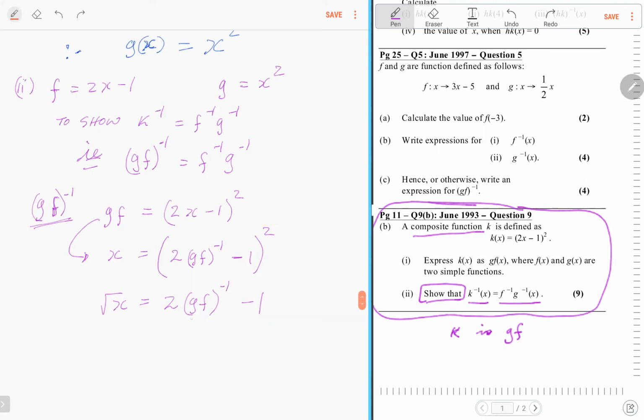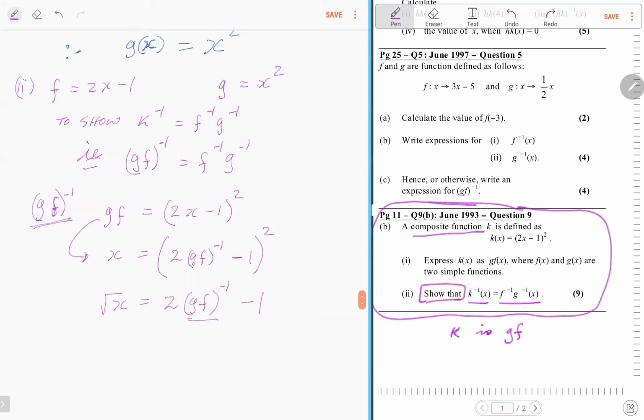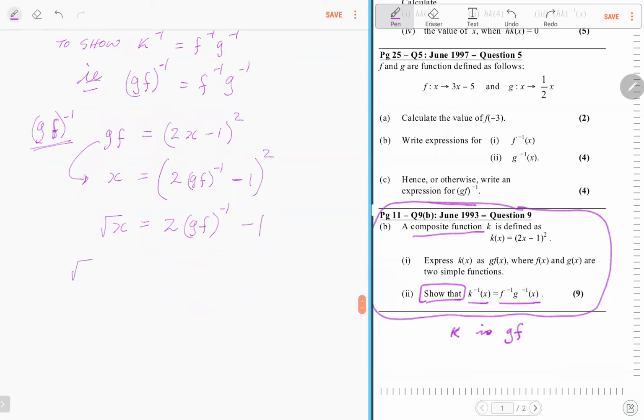And we're trying to make this thing here the subject now. Carry over the 1 and add it, and then divide by 2. That's what we do to get that as the subject. So carry over the 1, we get the square root of x plus 1, and then divide by 2.